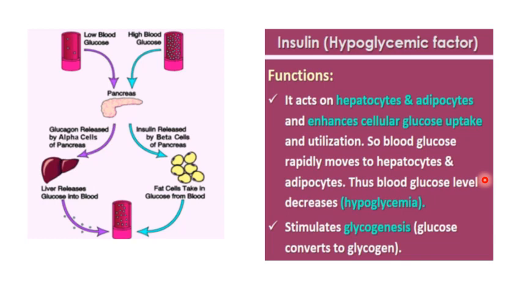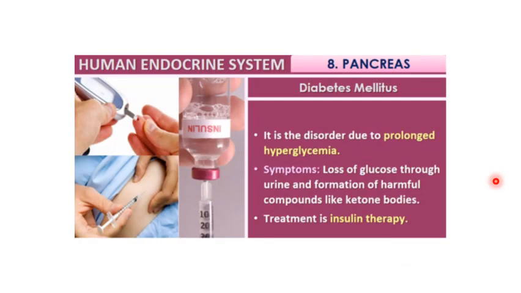So blood glucose rapidly moves to hepatocytes and adipocytes. Thus blood glucose level decreases. This results in hypoglycemia. It also stimulates glycogenesis. Glycogenesis means glucose is converted into glycogen because the body wants to lower down the amount of glucose which is present in the blood.